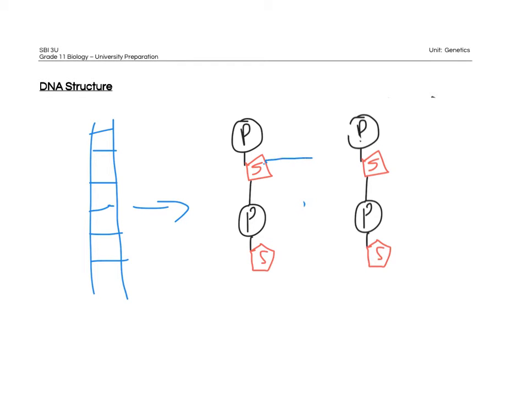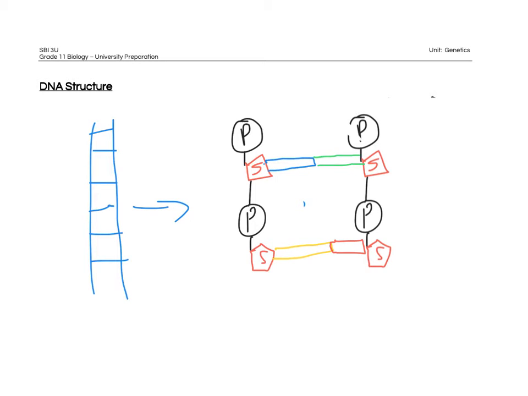So some of them are wider or double ringed, and some of them are a little shorter or single ringed. And so we have 4 different types of these nitrogenous bases, each making up a different part of the step. So on and on and on.